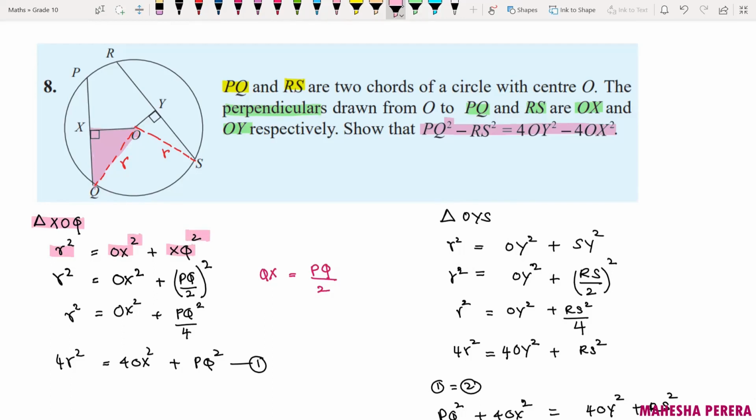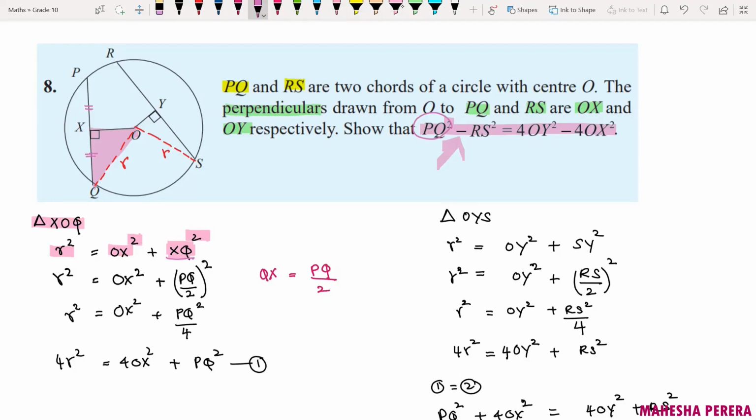Now, if you look at the equation that you have to prove, do you have the term XQ? There is no term XQ here, but you have this term PQ. Is there a relationship between XQ and PQ? Of course. Because of the theorem, actually the converse theorem, these two lengths should be equal.